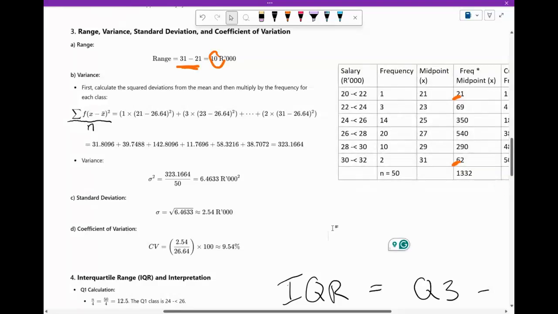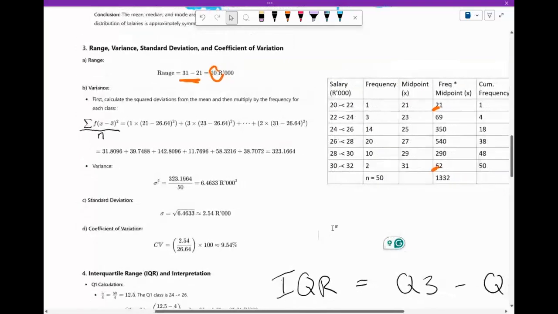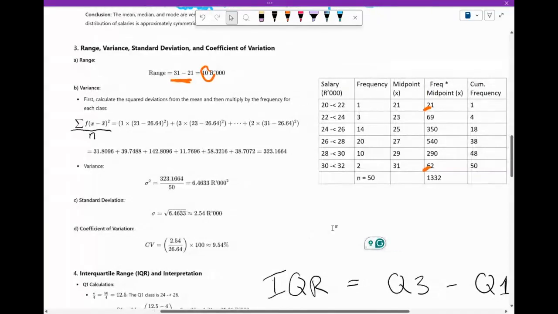But then we also need to have a look at your variance. Now remember when we did ungrouped data, and I have to keep on referring to this so that you can see the difference, because they can ask you for grouped or ungrouped. So when we did ungrouped data, we had the same formula, but there was no F for the frequency.